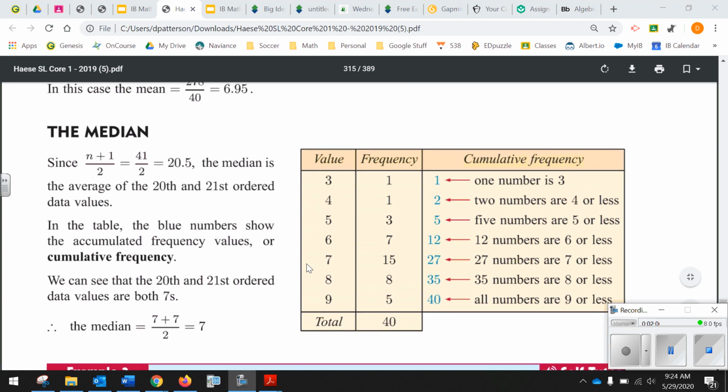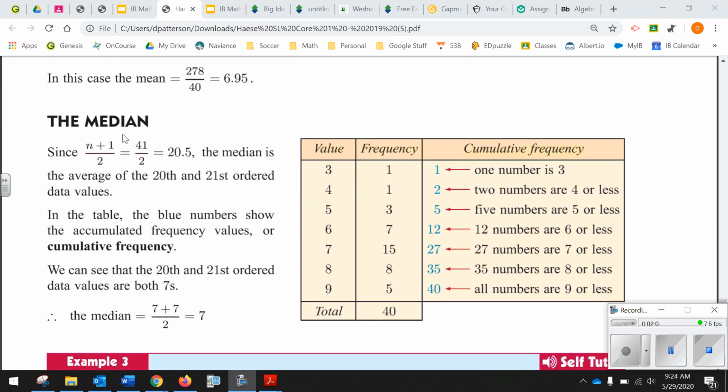For the median, okay, so we know that the median value is going to be in the (n plus 1) divided by 2 location. So in this case, we have 40 data points, so therefore 41 over 2, 20.5. The median is going to be in the 20.5 position, or the average of the 20th and the 21st value. So what we're going to do is count cumulatively.